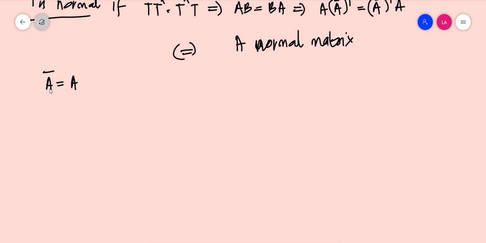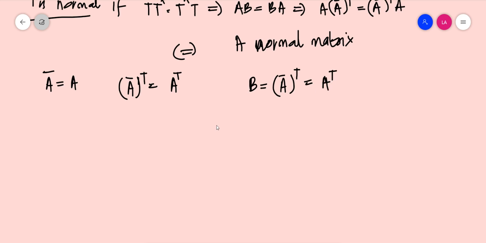It doesn't have an imaginary part. Then A conjugate transpose is equal to A transpose. So if T is defined on the real space, its B is actually equal to A conjugate transpose, which is actually equal to A transpose.